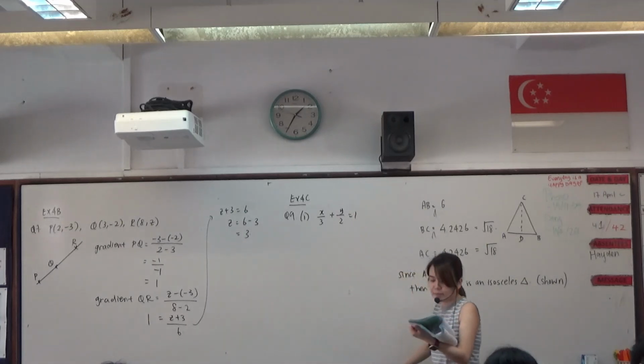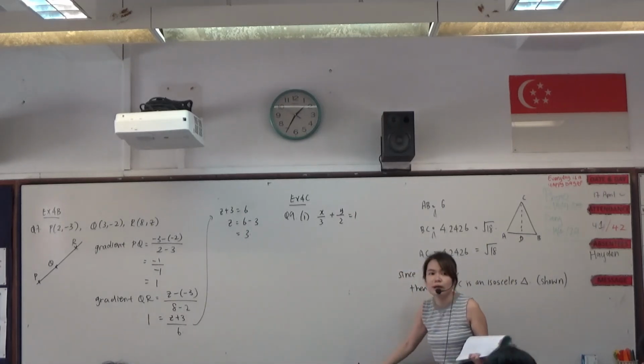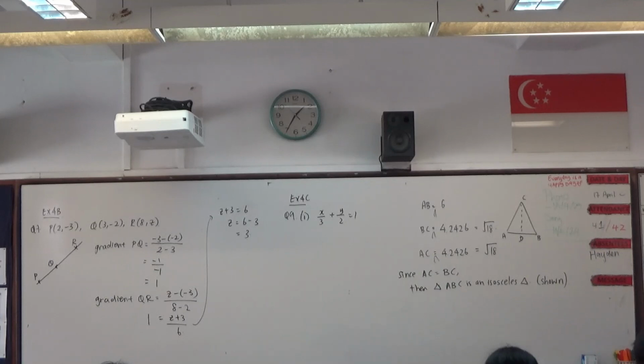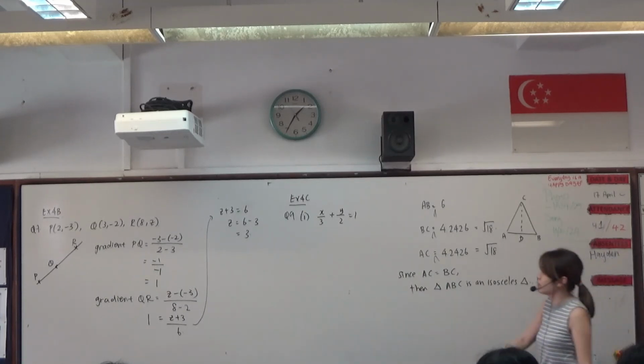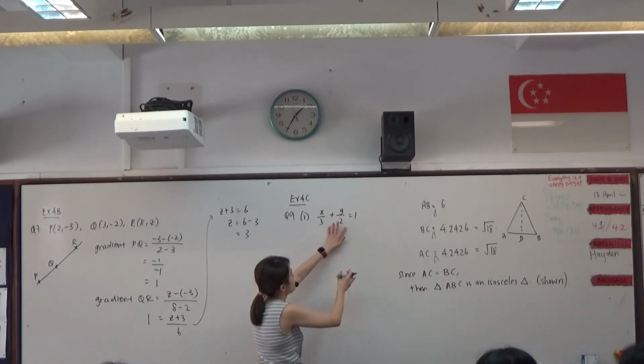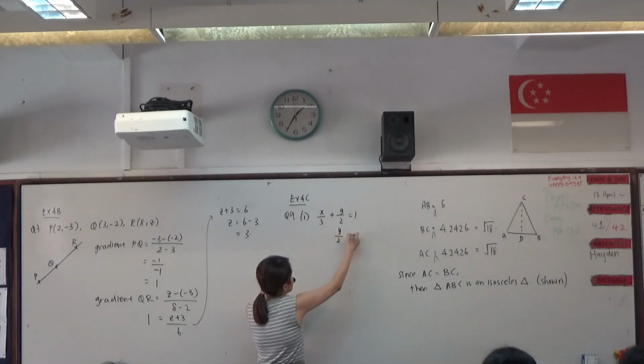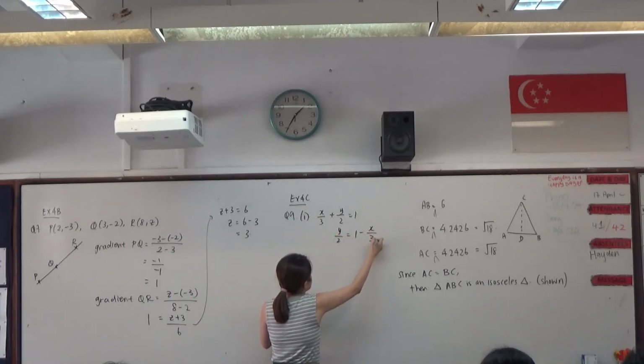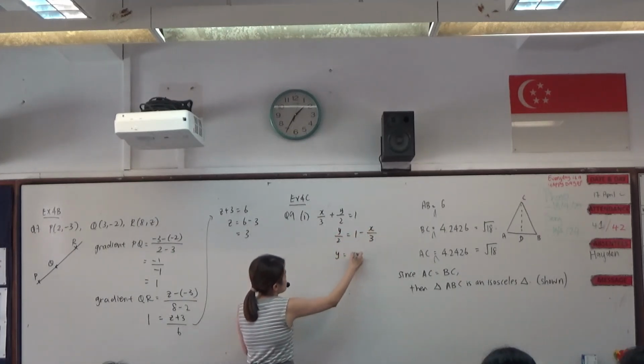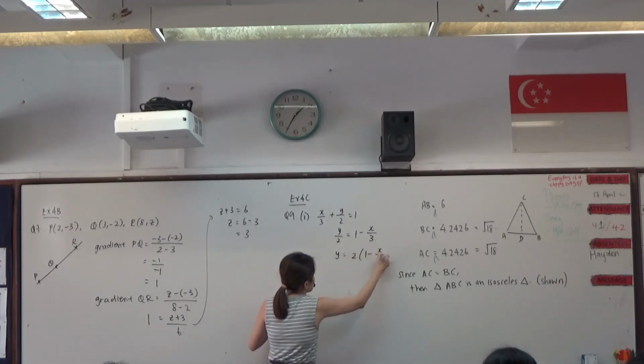To make y the subject of the formula, that means you want y equals to something. So we slowly move things to the right hand side since our y is here. So y over 2 is equals to 1 minus x over 3. So y is equals to 2 times 1 minus x over 3.